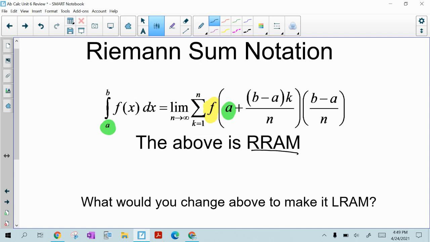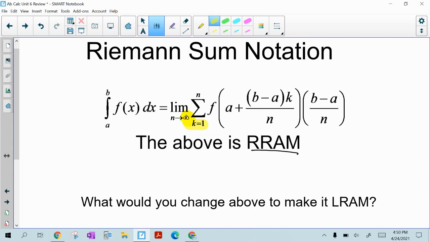So what do you do to knock this down so that you don't start to the right, so that you would start to the left? The key is to look in your sigma notation. And again, remember what the sigma notation is. That's this stuff in here. This phrase tells you where to start, and it tells you where you're going to.